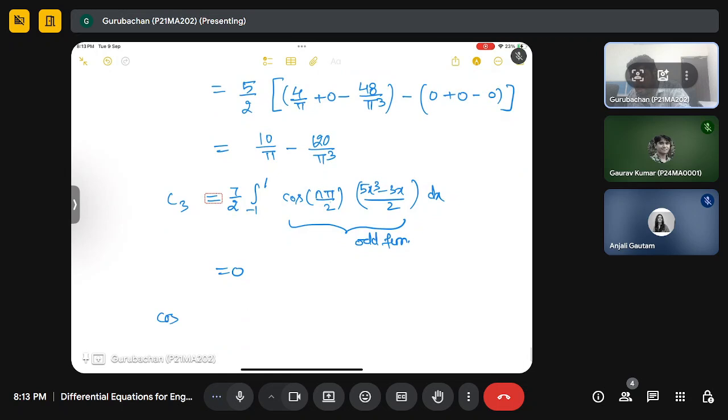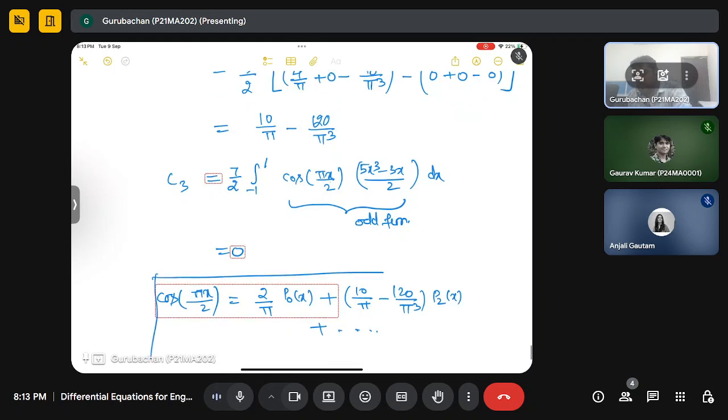Now you can express this cos pi x by 2 as: first factor was 2 by pi P naught x, second factor was 0, and third factor was 10 by pi minus 120 by pi cube P2 x, plus dot dot dot.